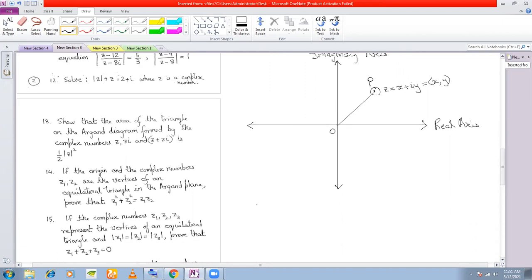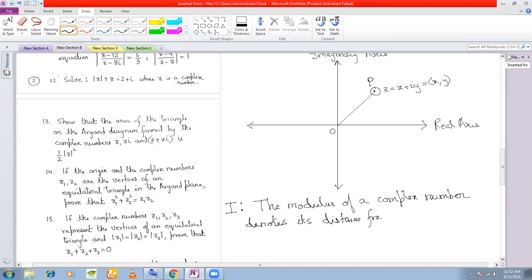The first thing that you must know is that the modulus of a complex number denotes its distance from the origin.